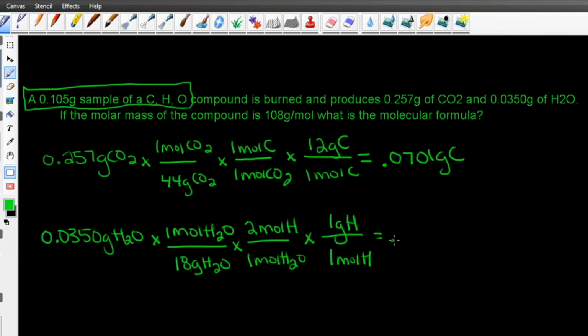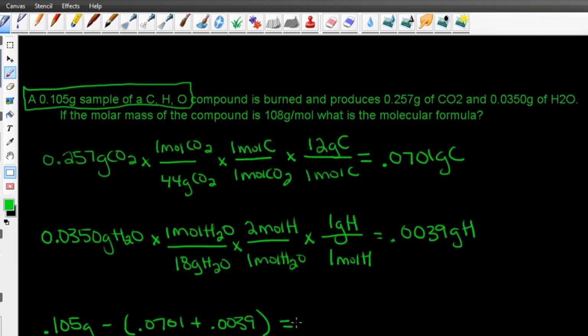I've got 0.0039 grams of hydrogen. Okay, so once I have grams of my carbon and my hydrogen, if I know that my original sample contained 0.105 grams total, all I have to do is subtract out my carbon mass and my hydrogen mass to get the mass of the oxygen.